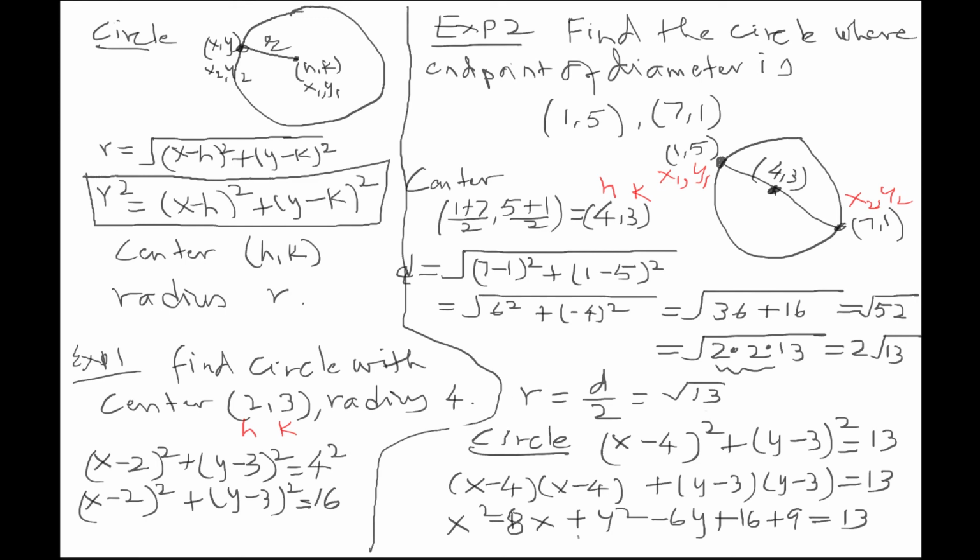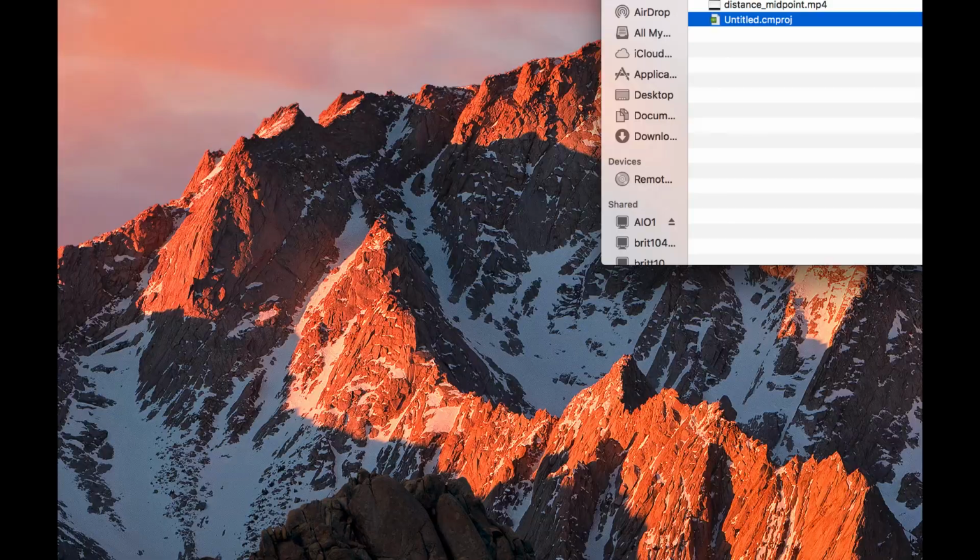I collected x and y terms at the front and moved the numbers toward the end of the left-hand side. You can write x squared plus y squared minus 8x minus 6y, and then subtract 13 on both sides. 16 plus 9 is 25, and 25 minus 13 is plus 12. On the right-hand side, subtracting 13 gives 0.